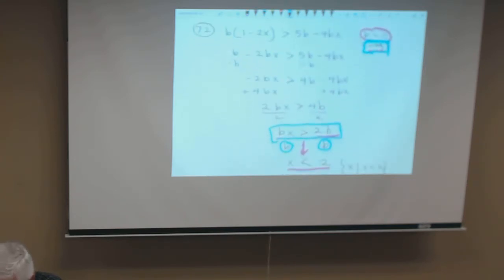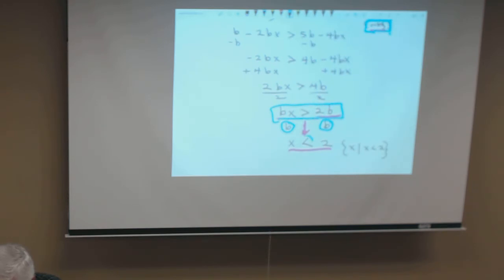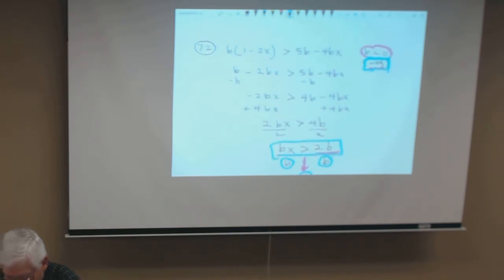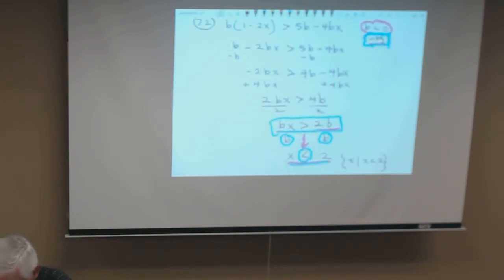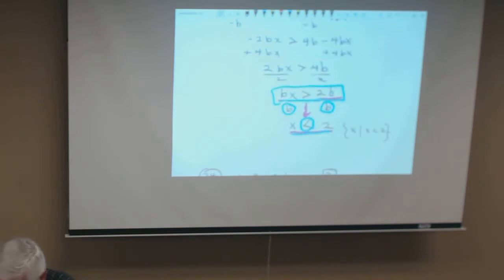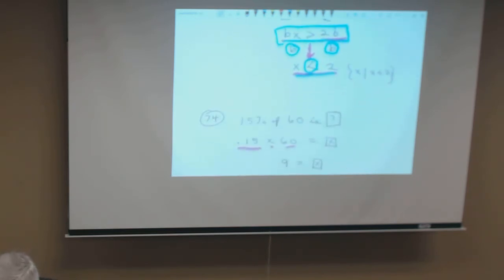A negative number. So I have to reverse the inequality sign and go x is less than 2. Because they told me to remember that b is a negative number. I can just simplify with b till I get to the end, and then have to make sure that I'm doing this inequality thing. So you got to watch for that.